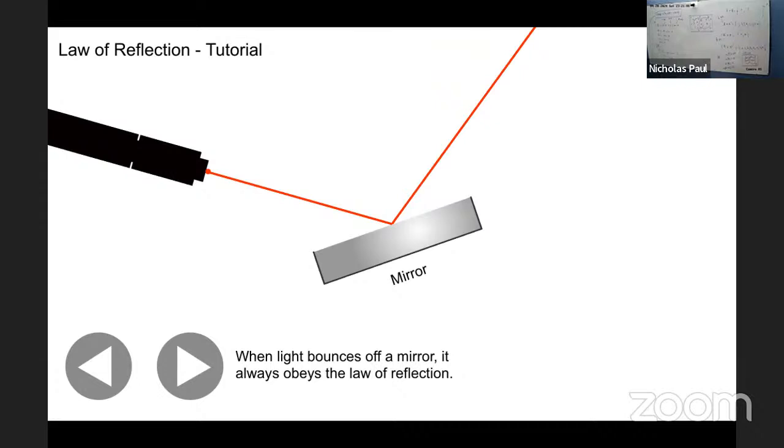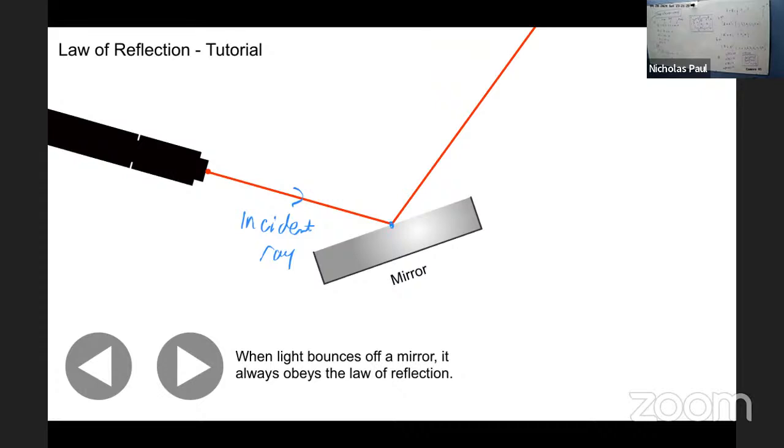If you look closely, this ray is the first ray. We call that the incident ray. When the ray hit the mirror surface, it underwent something called reflection. What are the characteristics of reflection? See this point here?